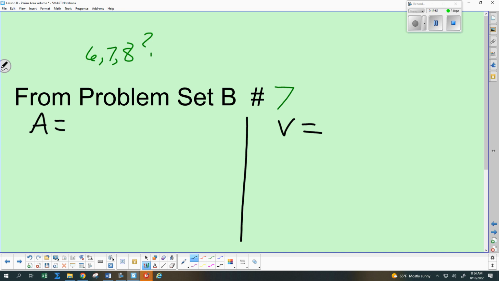Caden, would you tell me off of yours just the general formula that works for any cylinder or prism? Caden, look at your formula paper. We just wrote it down. Volume of a cylinder or a prism. That's if the bottom happens to be a circle.